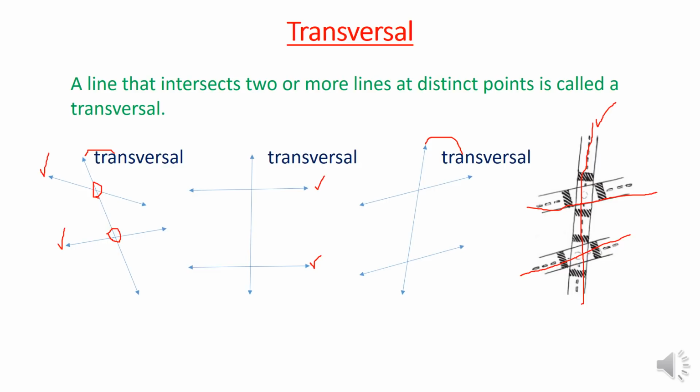When this condition happens, that the transversal is a straight line and the two lines it intersects are parallel, then the angle formed here is always a 90 degree angle. In other words, the two lines are parallel to each other if the transversal intersects the two different lines at a right angle, or perpendicular position.